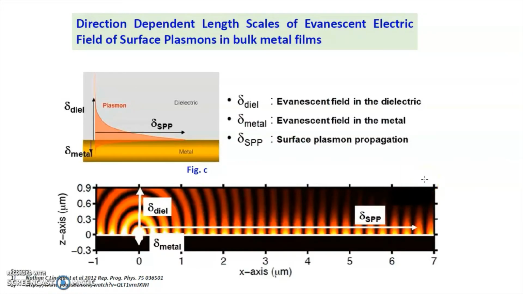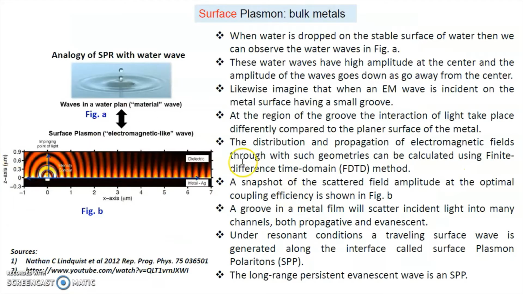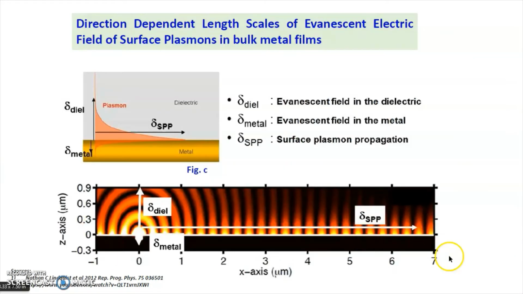So here we are trying to understand the direction dependent length scale of the evanescent electric field of certain plasmons in bulk metal films. This is the same image you have seen in the last slide. What I would like to emphasize here is the length scale. Suppose this is the center, the origin, x-axis origin, z-axis origin.